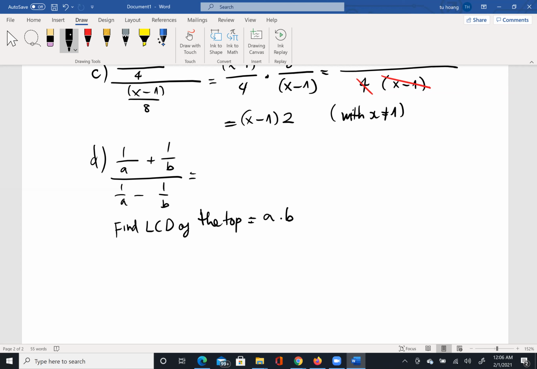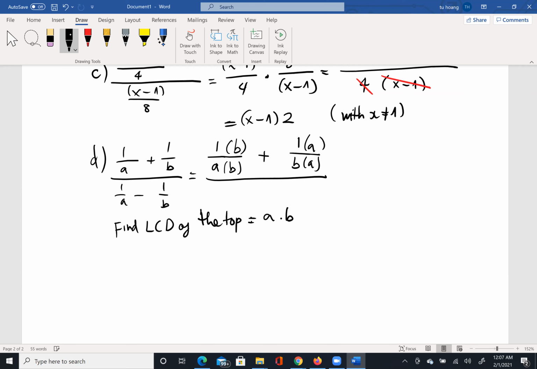So then you can have 1 over a. Try to change it to be ab, right? So you need to multiply by b to the bottom here, and then multiply by b to the top here. Similarly for the 1 over b, you need to multiply a to the bottom and multiply a to the top.